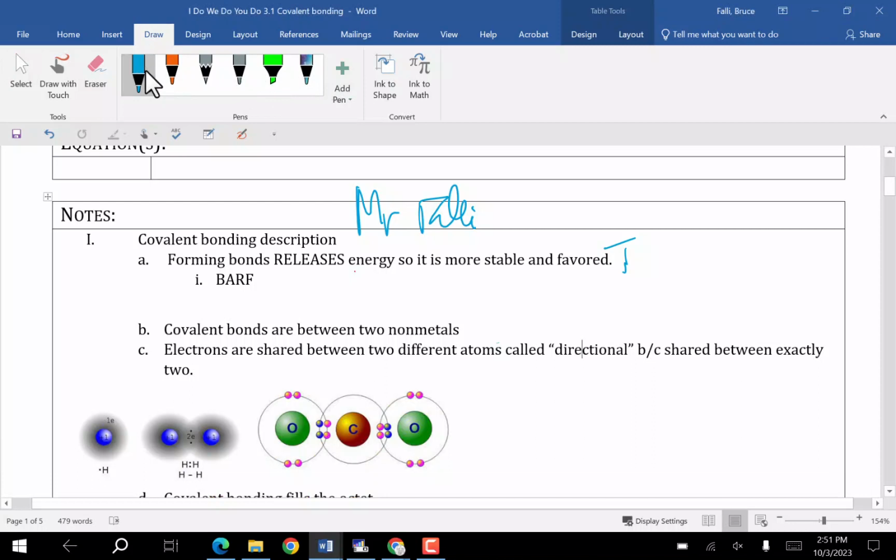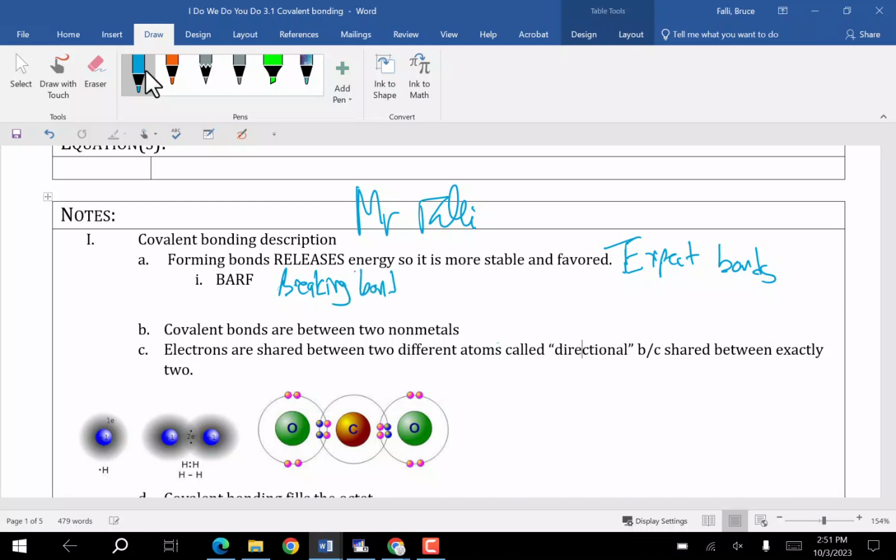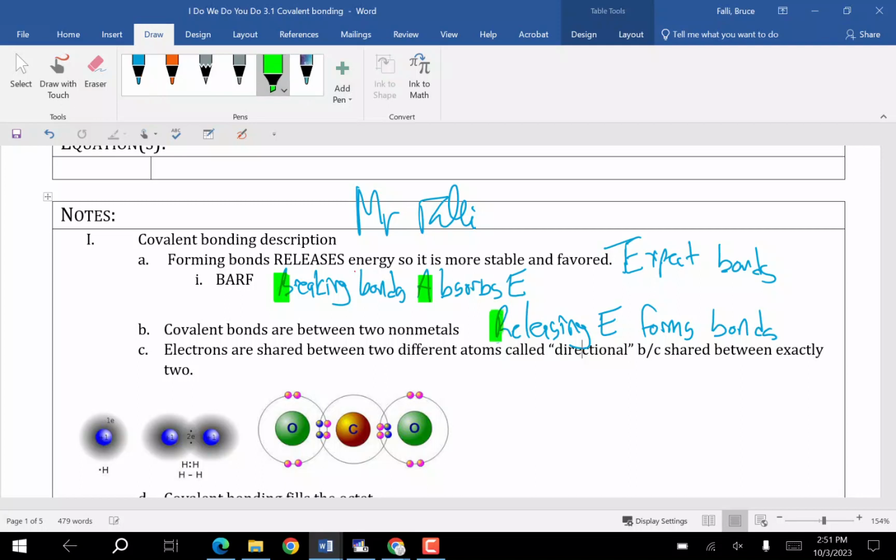Breaking bonds absorbs energy. Breaking absorbs. Releasing energy forms bonds. Releasing forms.